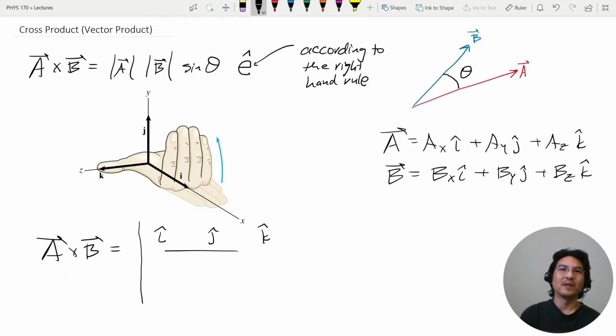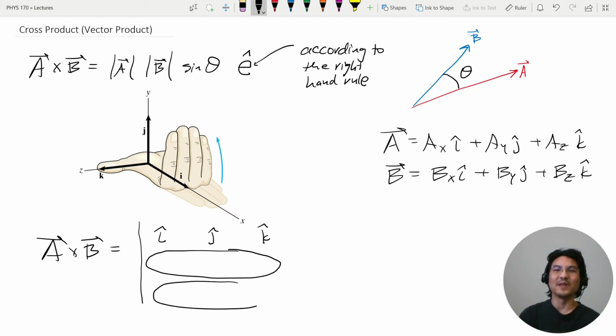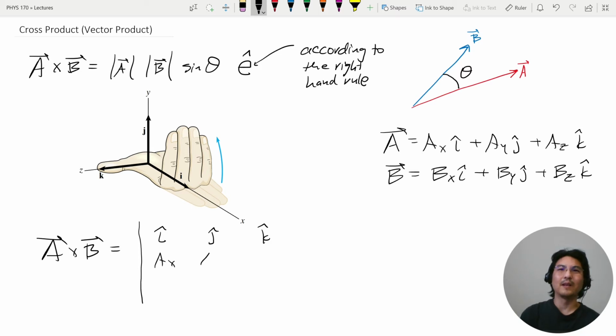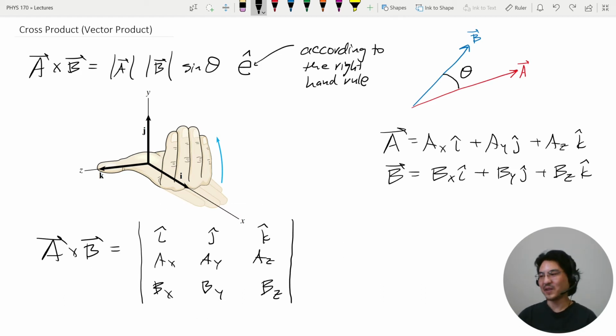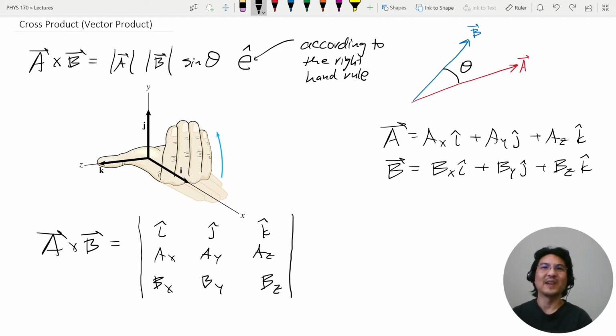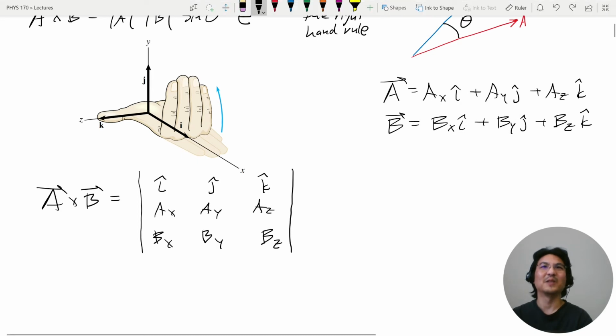You put the components of vector A here and the components of the second vector over here. Then you compute this matrix determinant, and that's how you get the cross product. Okay, so how do you do that? There are two ways to compute this matrix determinant.